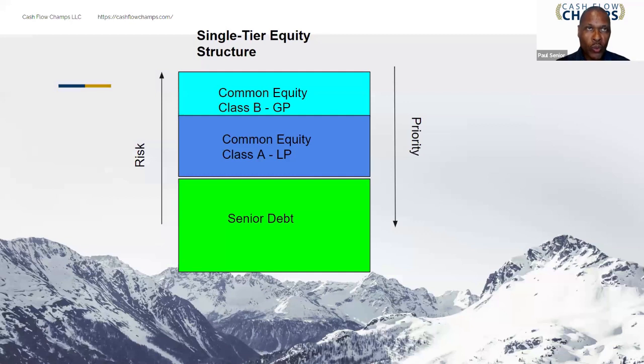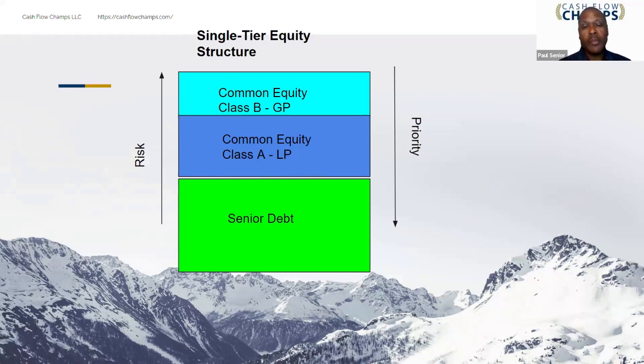People who invest between $250,000 and say $499,000 will receive an 8% pref. And if you're going to invest $500,000 or more, you're going to receive a 10% pref. So all in that common equity class A area, you can still slice it up differently. So just to let you know, you can get creative in that portion of it.